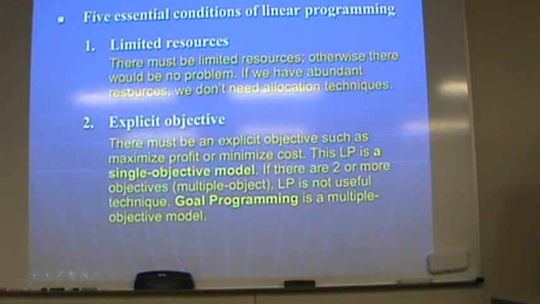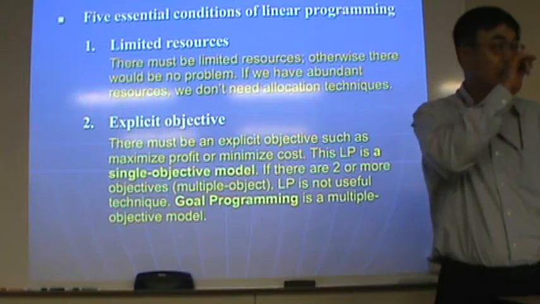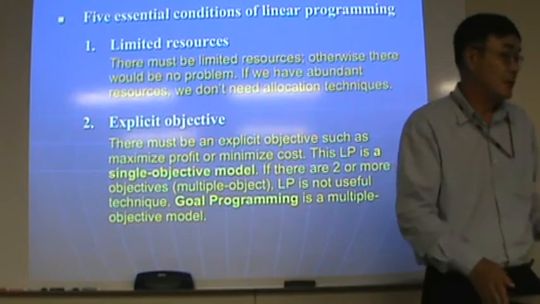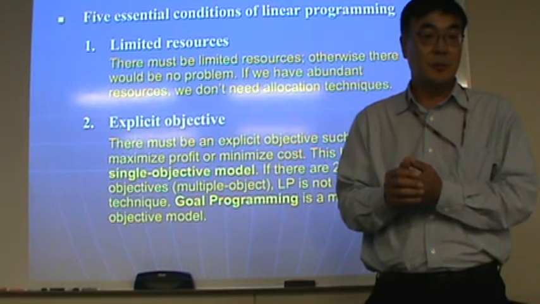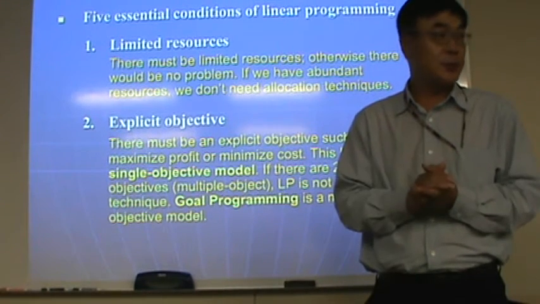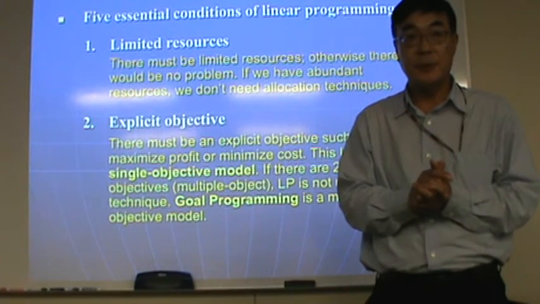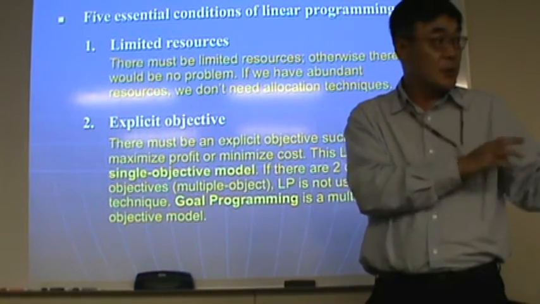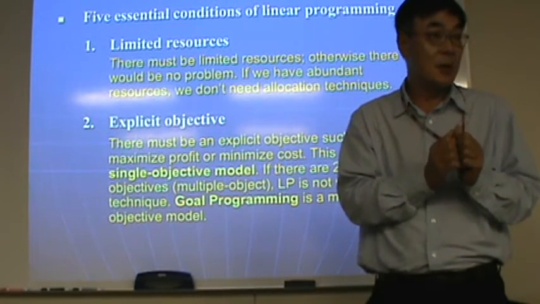This linear programming is single objective programming. If we want to make it cheaper, then the objective is to reduce cost, right? So try to make it cheaper, save cost, like that. So minimize cost.